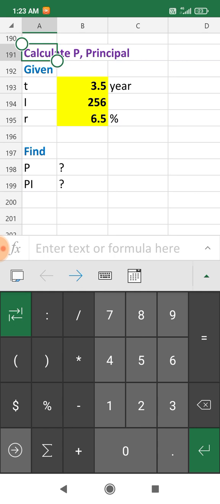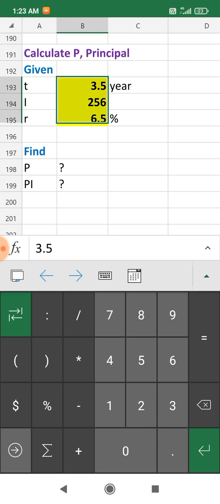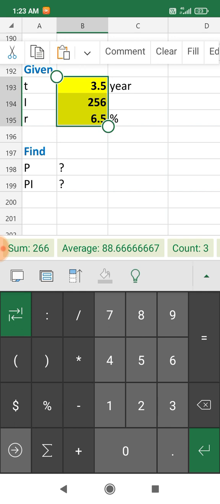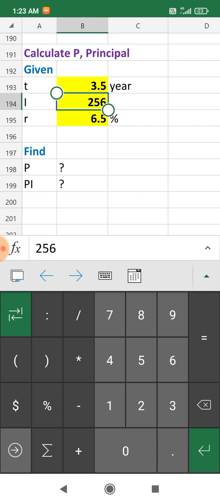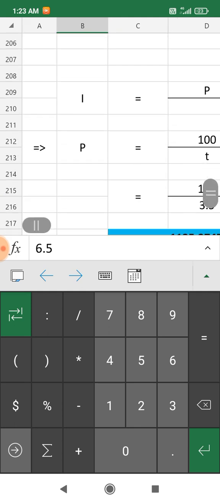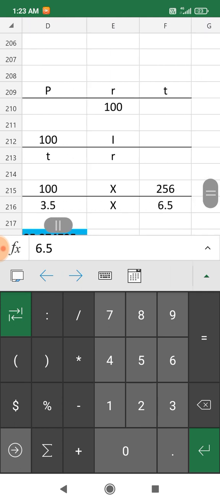Okay. In that case, these three terms should be given. Time in years, for how many years, how much interest we get, and what is the yearly interest rate should be given. Now come here. We know I equals PRT by 100.